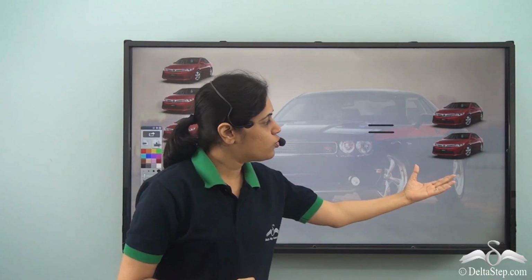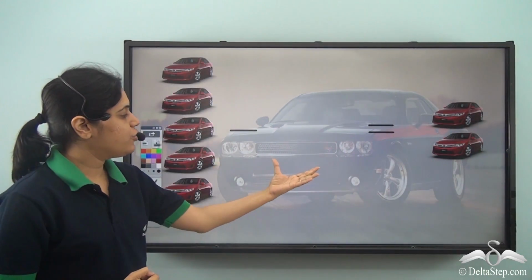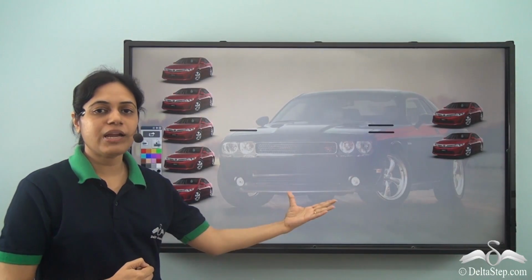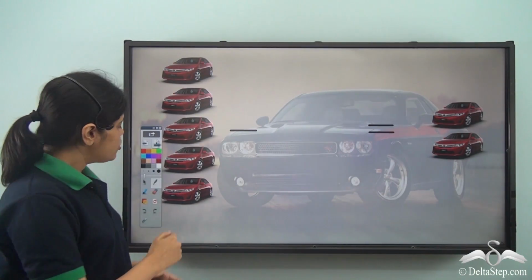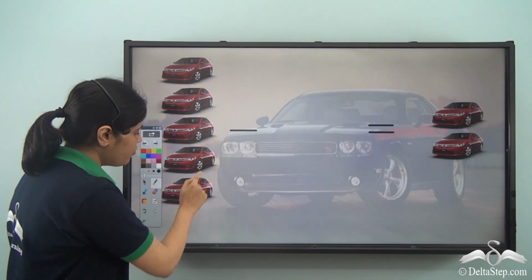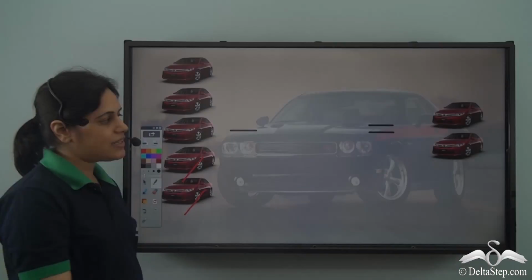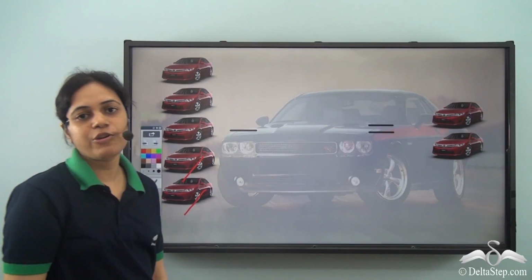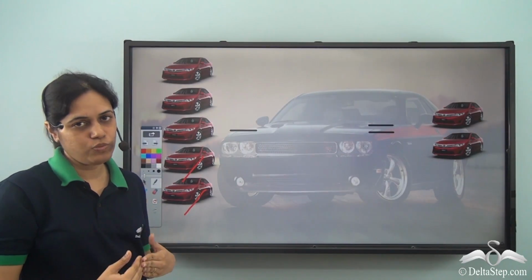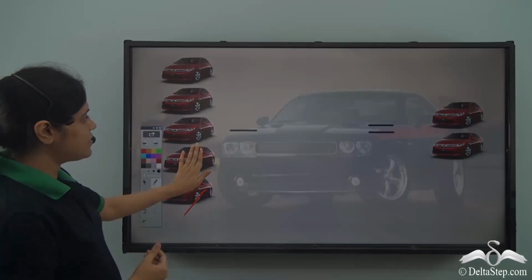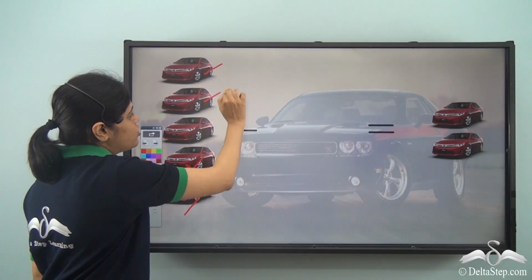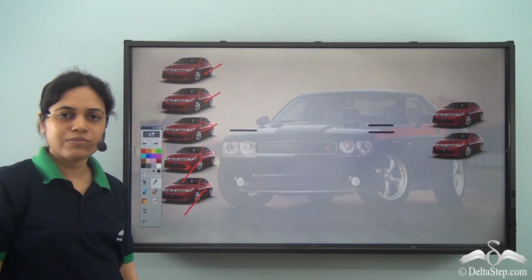You have 2 over here and you need to find this number, or the number of cars here. So you can find this by removing 2 cars. That is the difference. The number of cars in the difference is 2. So I remove 2 cars and I get 1, 2, 3 cars.